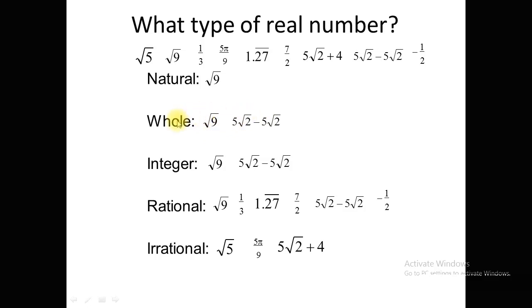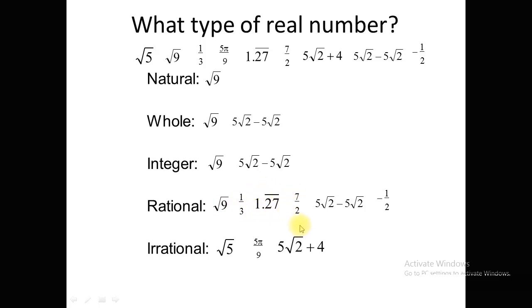So 0 and 3 are whole numbers, and also real numbers. These are also integers, which are real numbers. And among these real numbers are square root of 9, 1 over 3, and 1.27 bar. What does bar mean? In the next slide I will tell you about this bar symbol.